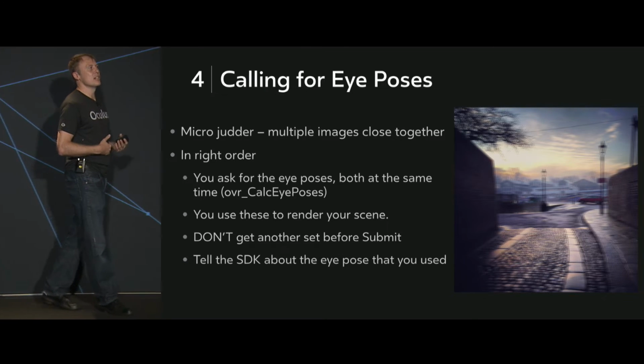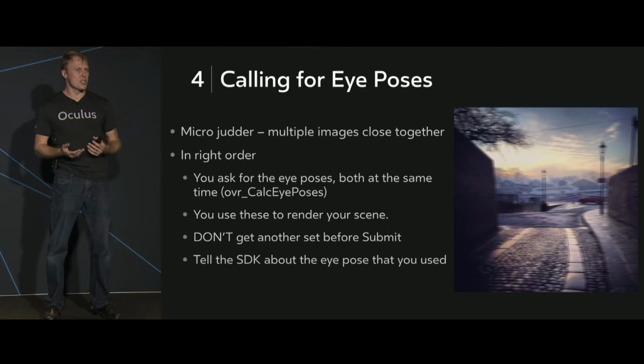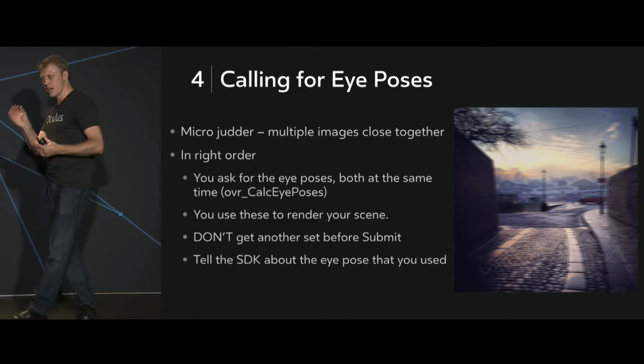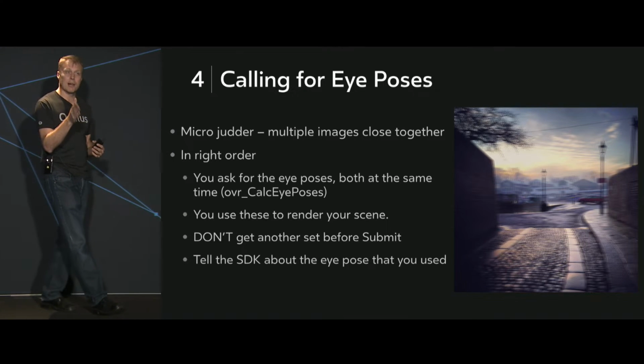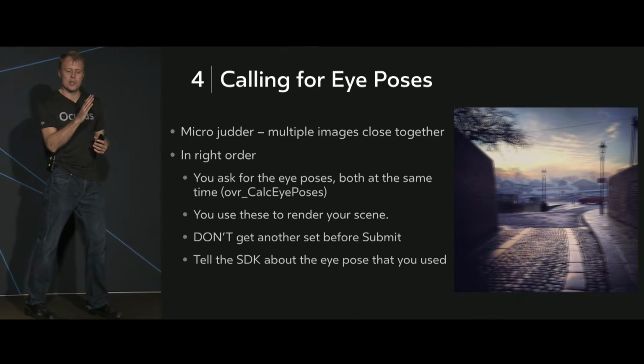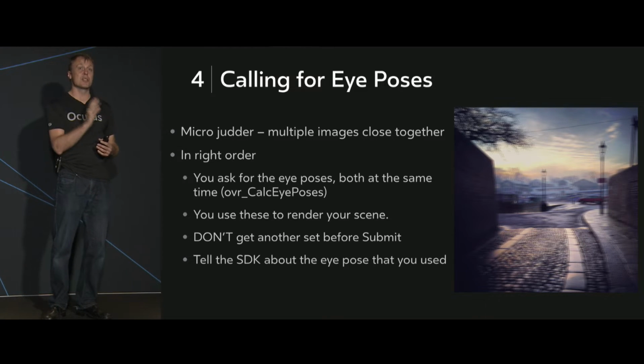We have found developers who have seemingly a very good frame rate, it's all very smooth and judder-free, and yet there's this kind of micro judder going on where, particularly with thin objects like lampposts, if you move side to side, you see multiple images, just a little bit subtle, as you turn your head.